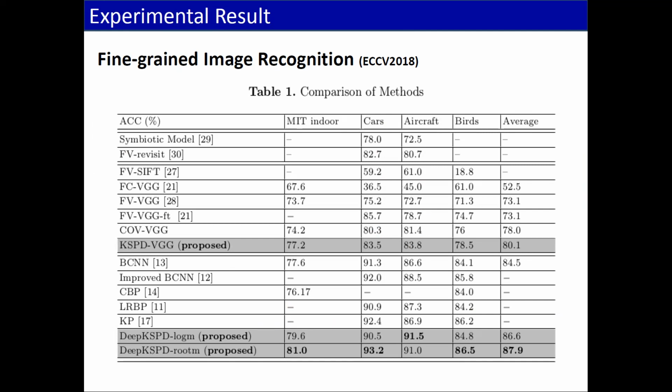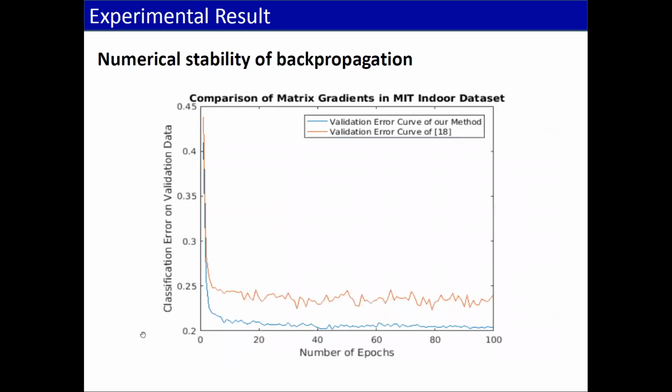better performance. You can clearly see its performance on those fine-grained image recognition datasets. It is an improvement with respect to the relevant methods. Also, we compare the stability obtained from the two different results.